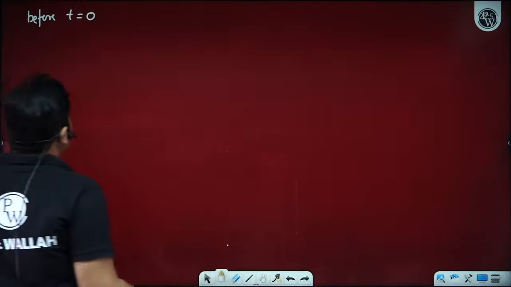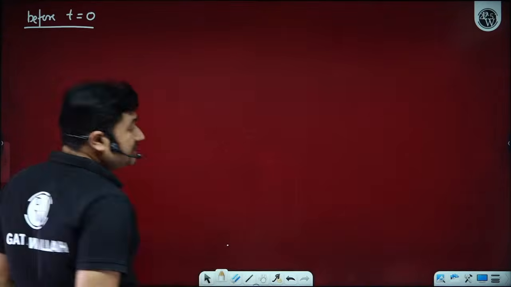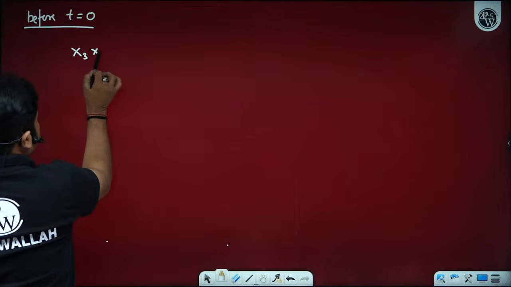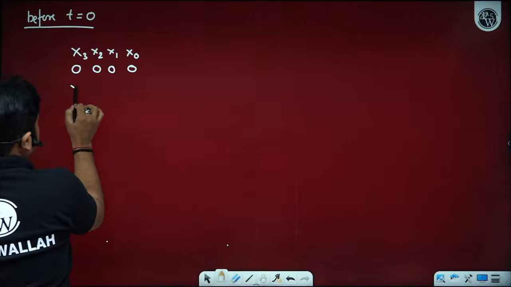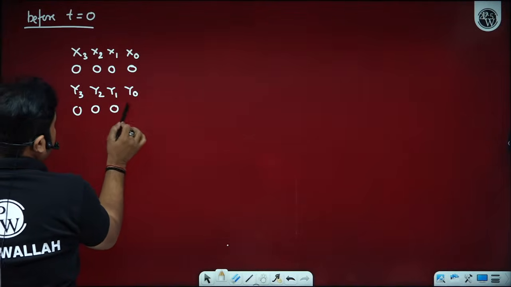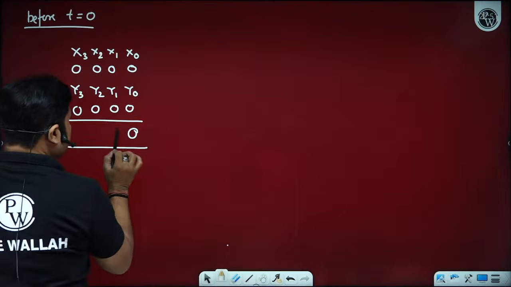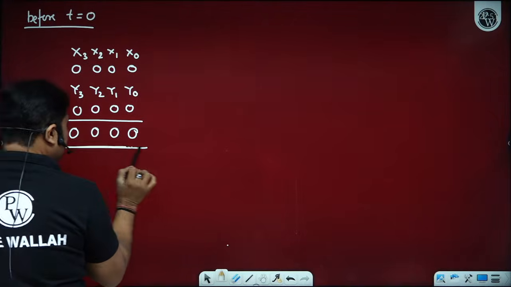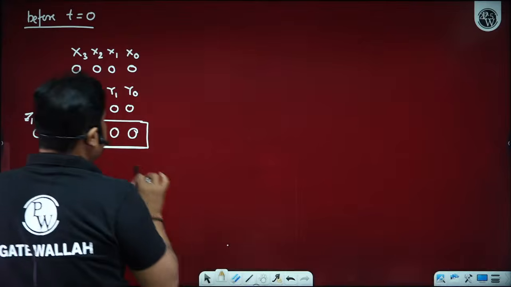Before t equals 0, we have x3, x2, x1, x0 as 0, 0, 0, 0, and y3, y2, y1, y0 as 0, 0, 0, 0. So what is the result we have? We have the result as 0, 0, 0, 0, and C4, that is Z1, is also 0. Is it okay? Yes, sir. Up to this point, the data is this, before t equals 0.